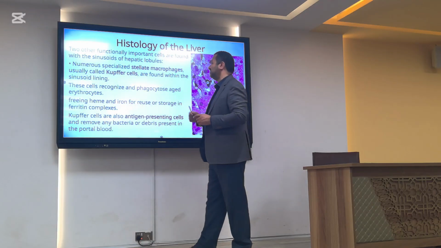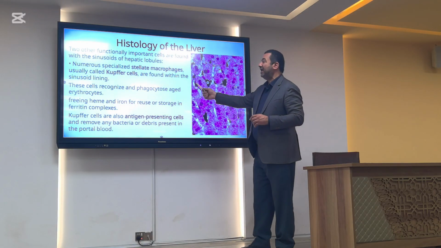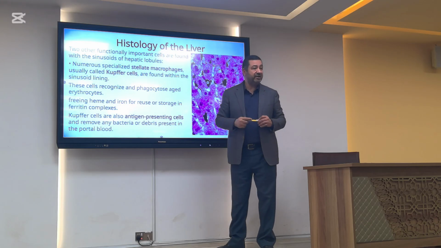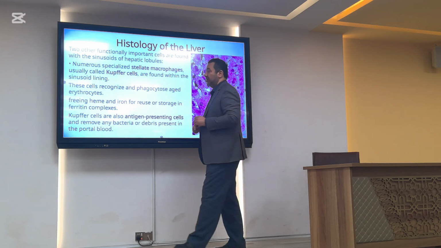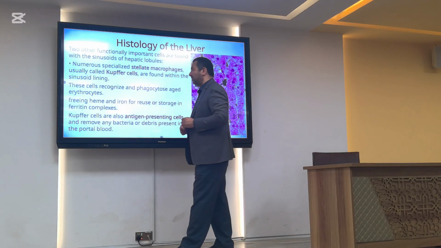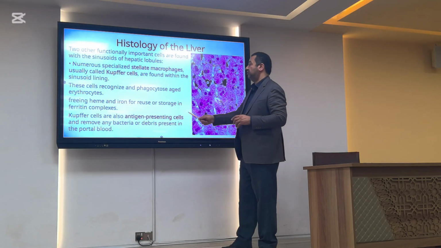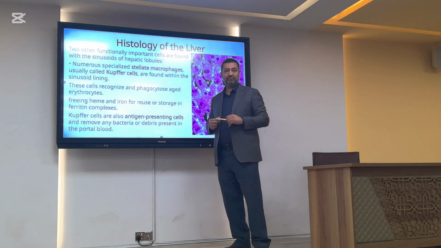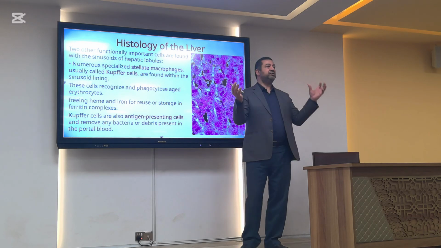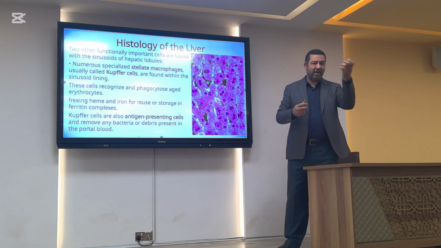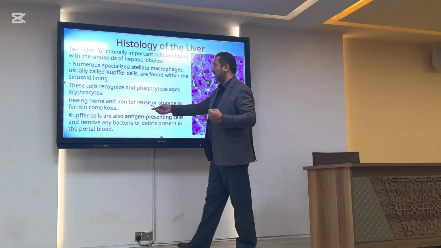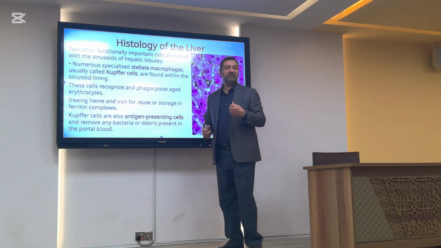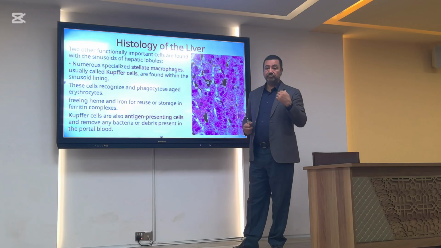These cells recognize and phagocytose aged erythrocytes, freeing heme and iron for reuse or storage in the ferritin complexes. After damaging the erythrocytes, heme molecules and iron are released, and some cells, such as hepatocytes, absorb this.